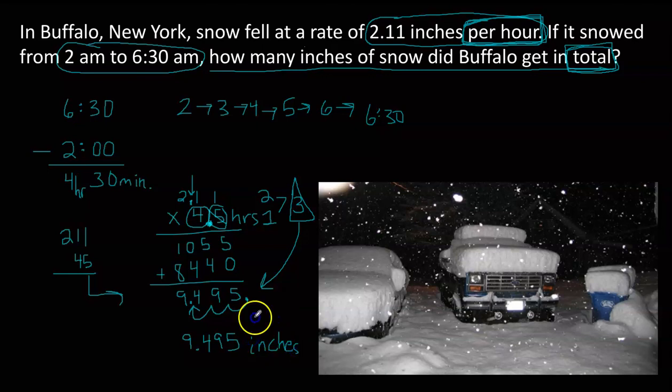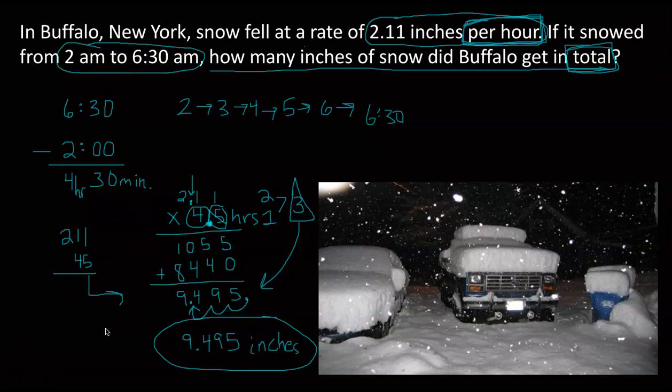So our units are inches. So in Buffalo, New York, in 4.5 hours, 9.495 inches of snow fell, or you could say 9 and 495 thousandths inches of snow fell from 2 a.m. to 6:30 a.m.